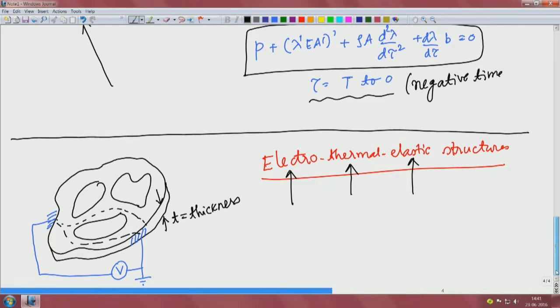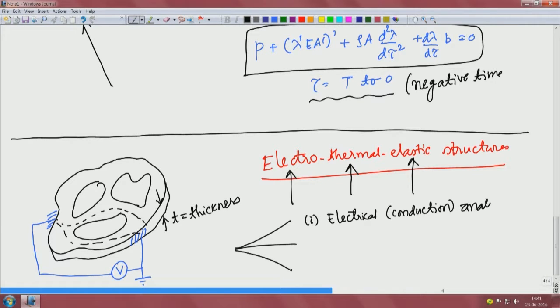Therefore, our problem statement is going to be a little complicated because it involves 3 analyses in a sequence. We have to do first electrical analysis, it is actually electrical conduction, because when you apply voltage to a conductor, the current is going to conduct.